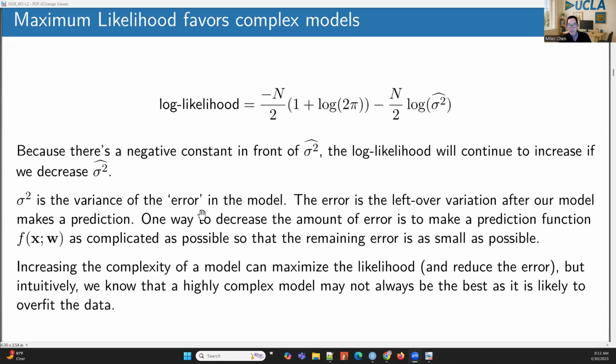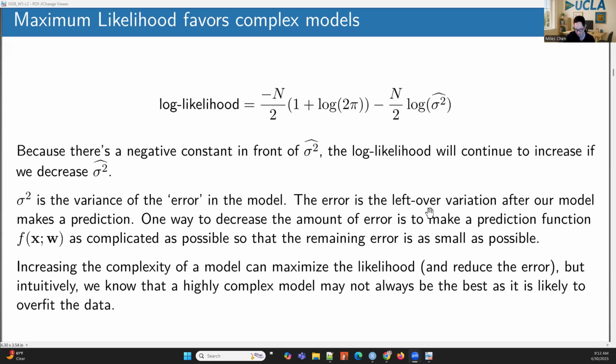And so if we want to shrink the error to be as small as possible, the ideal situation would be to basically overfit the data.